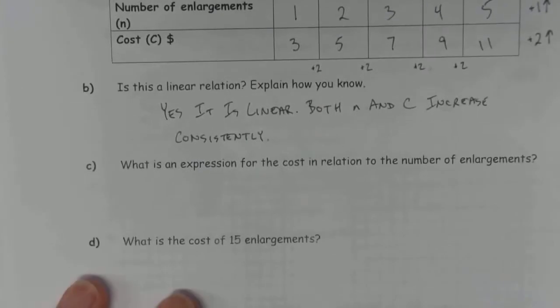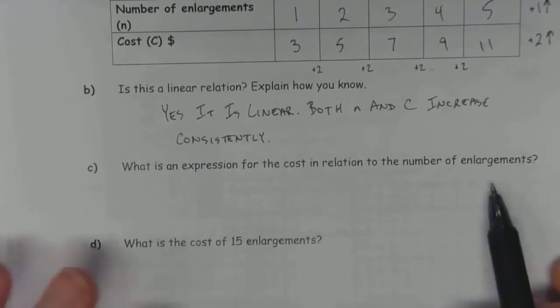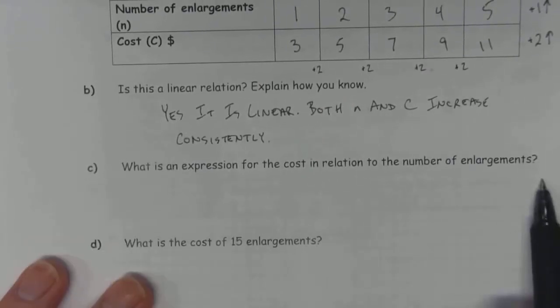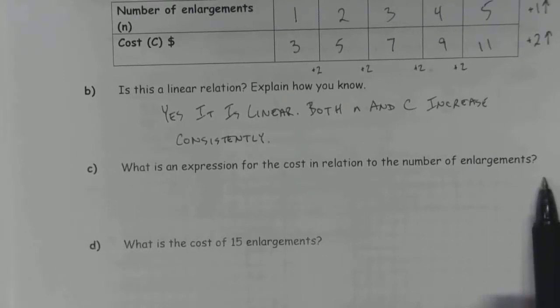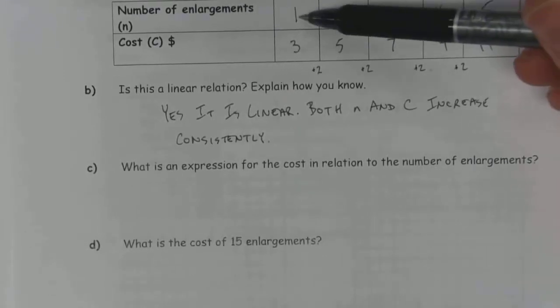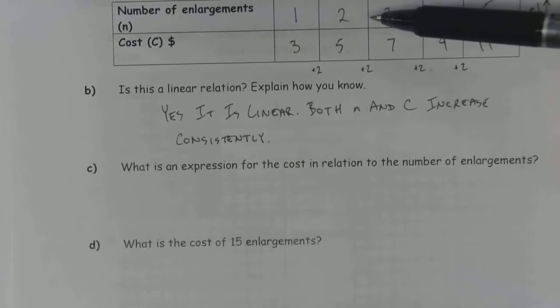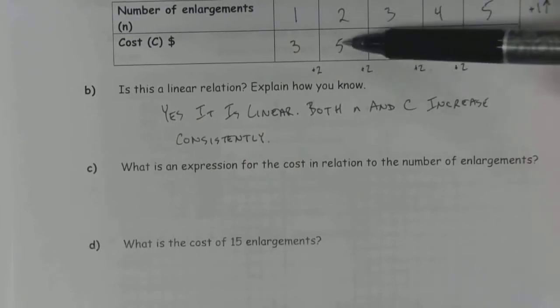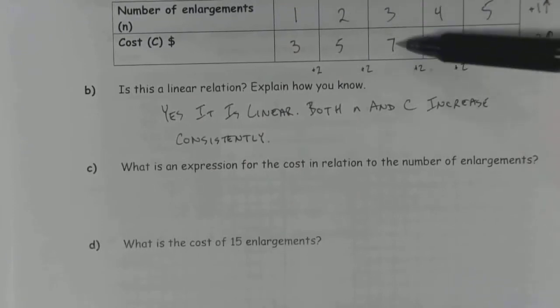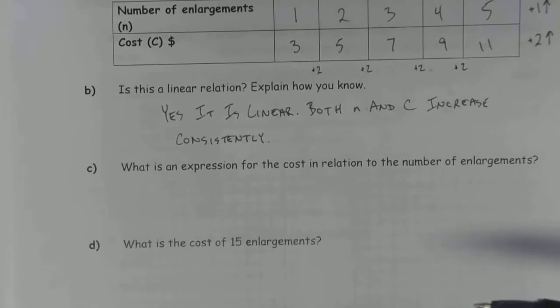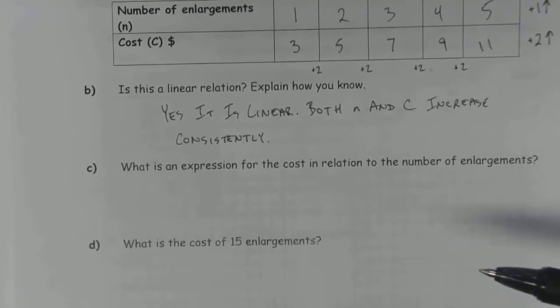What is an expression for the cost in relation to the number of enlargements? So now this is an interesting process. It's not 1 times 3 is 3, because 2 times 3 is 6, and this isn't 6. And 3 times 3 is 9, which isn't that either. So here's the trick.